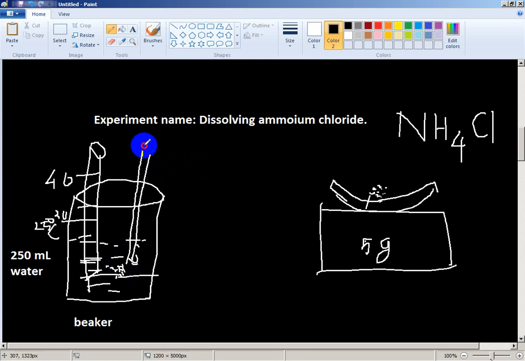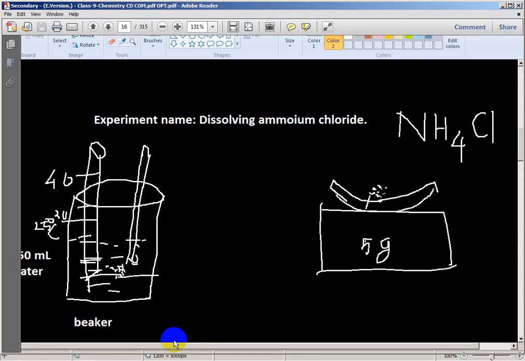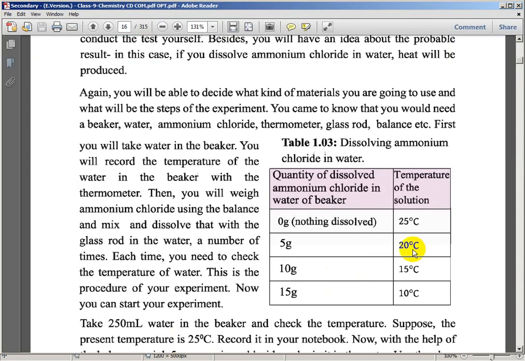After it dissolves, you take the reading again. With 5 gram, the temperature reading has now changed. The temperature is now 20 degrees Celsius.